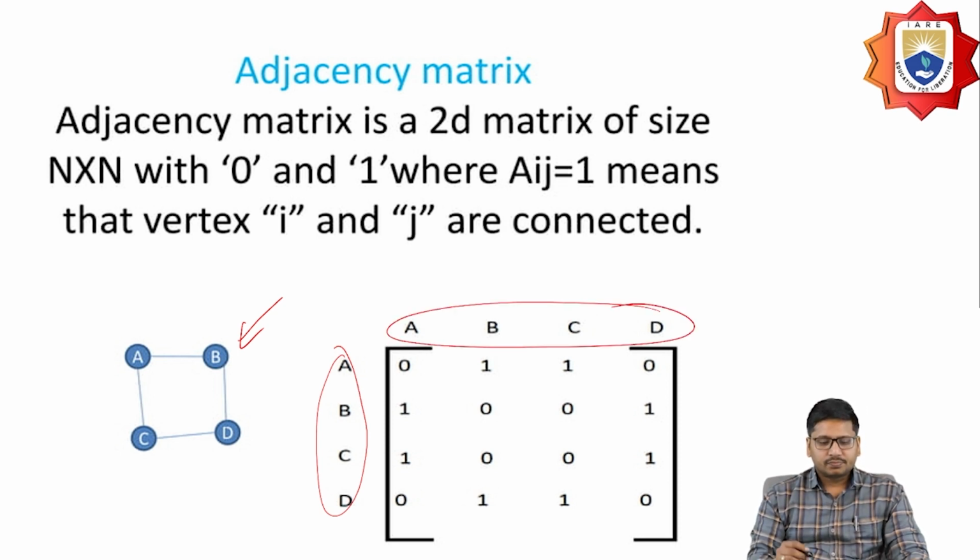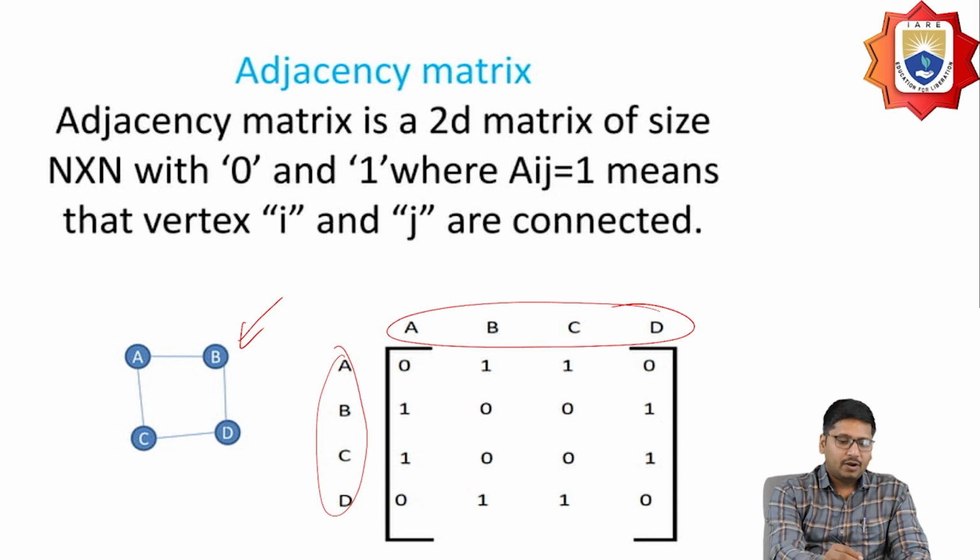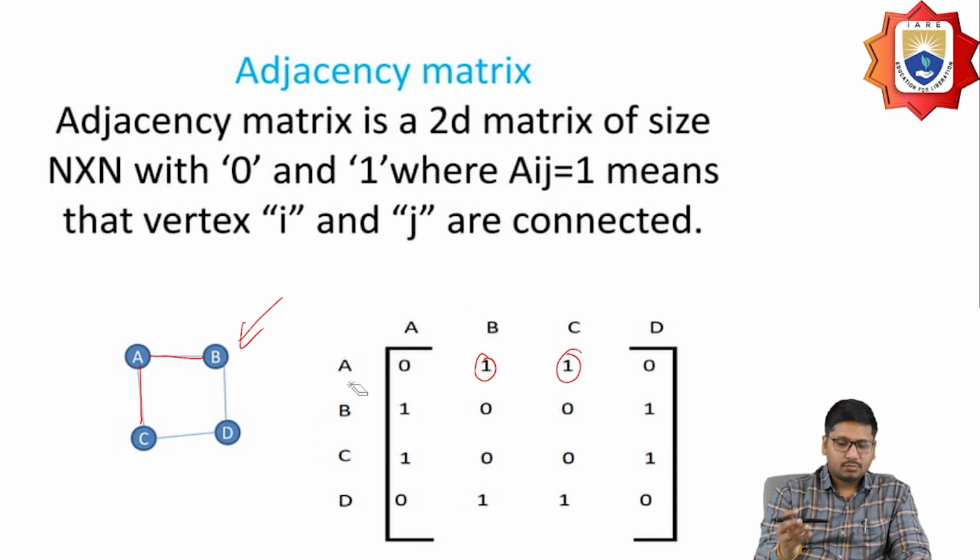In this I fill in either zeros and ones. I have an edge from A to B, so I mark it as 1, and A to C, so I mark it as 1 here.